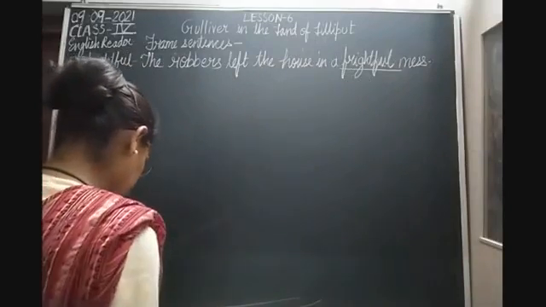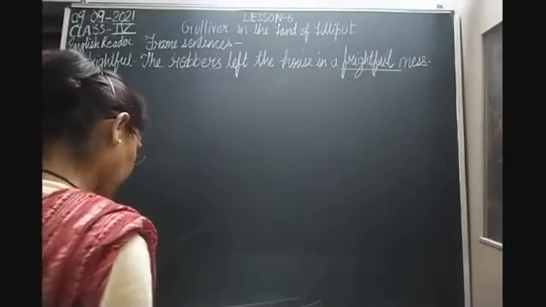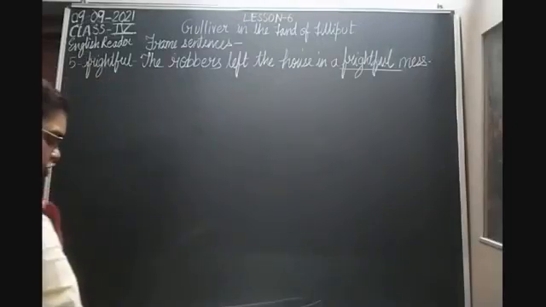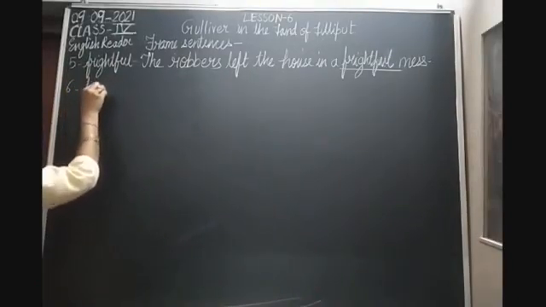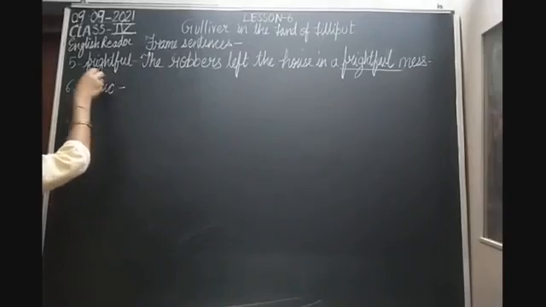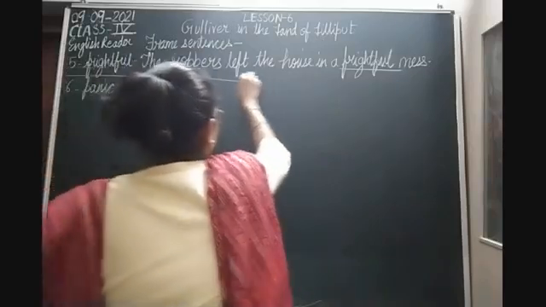Then, the next word for frame sentences is panic. Panic is sudden uncontrollable fear or anxiety. एकदम से घबरा जाना, पेशेंस नहीं होना, डर लगना, है ना? So sudden uncontrollable fear or anxiety.